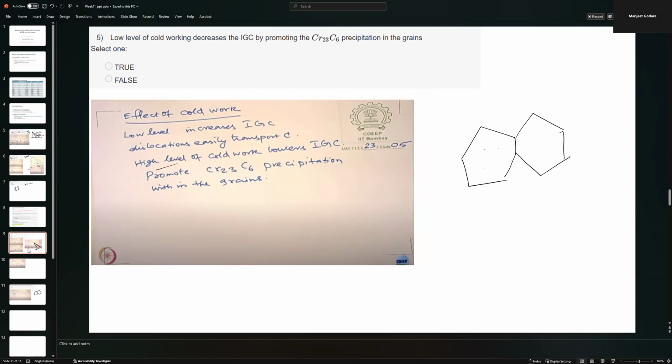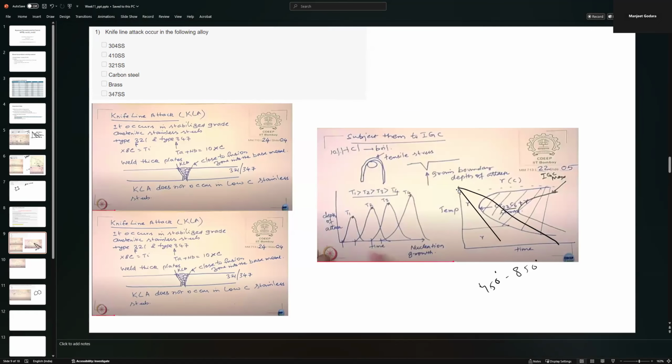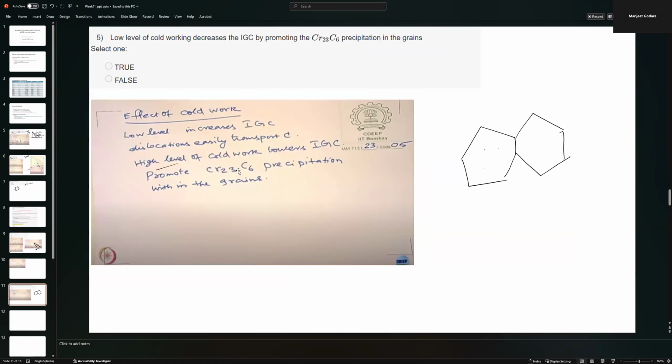That's in case you're heating it to some temperature and then cooling it. This is talking about cold working the sample. So here it's just referring to the two cases, low level cold working and high level cold working.